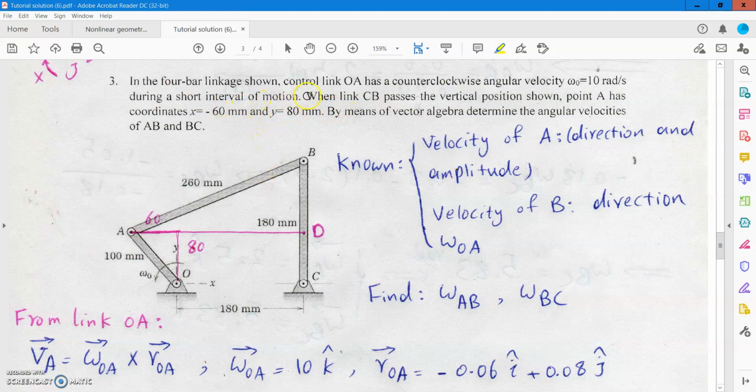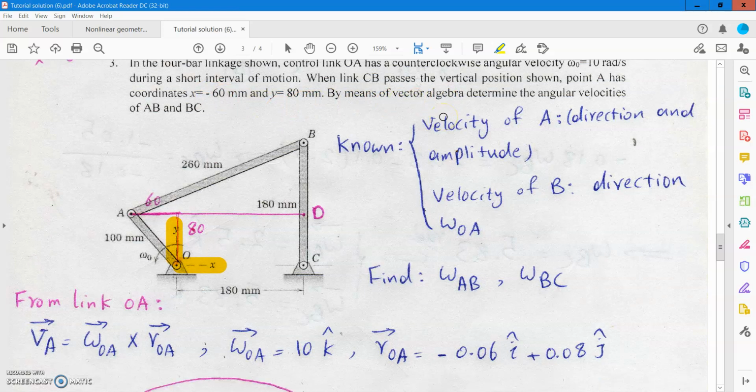When the link CB passes the vertical position shown, point A has coordinates minus 60 and 80, of course with respect to this coordinate system, X and Y axes. By means of vector algebra, determine the angular velocities of AB and BC.